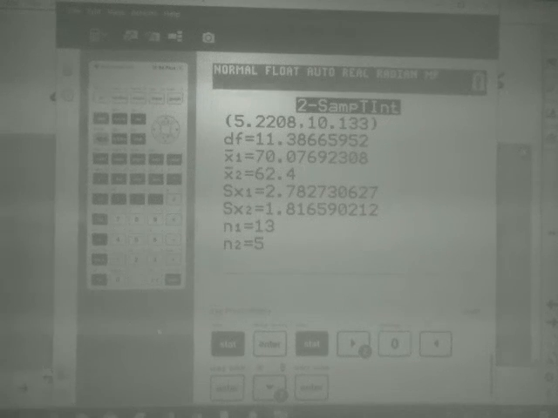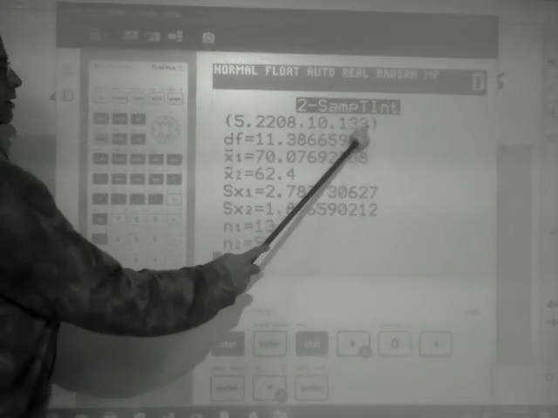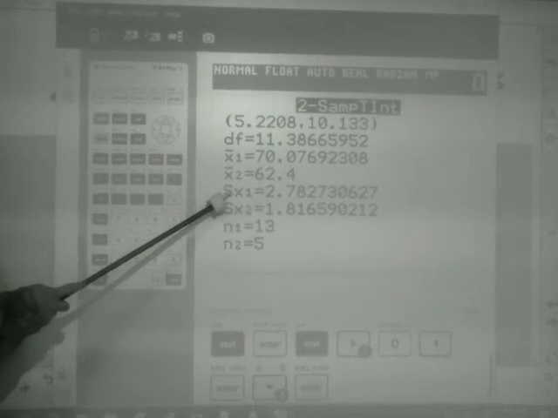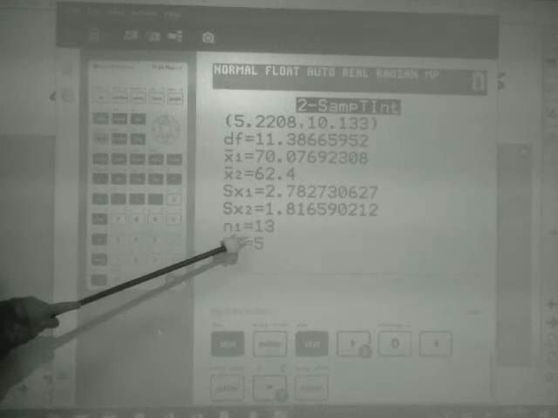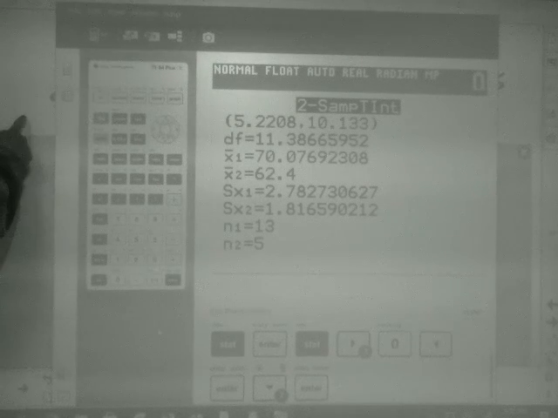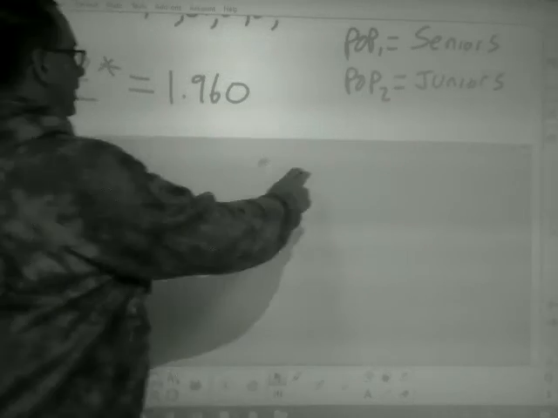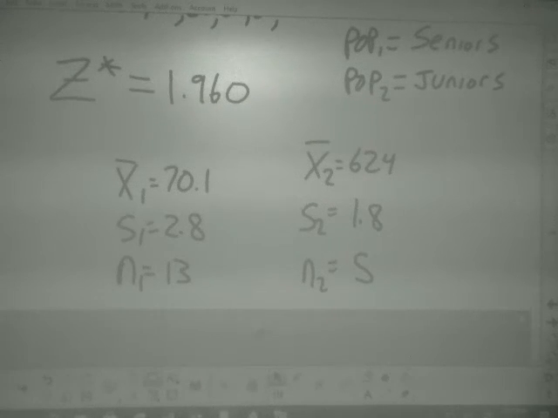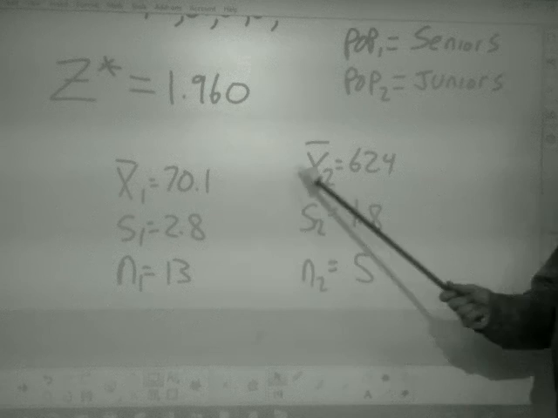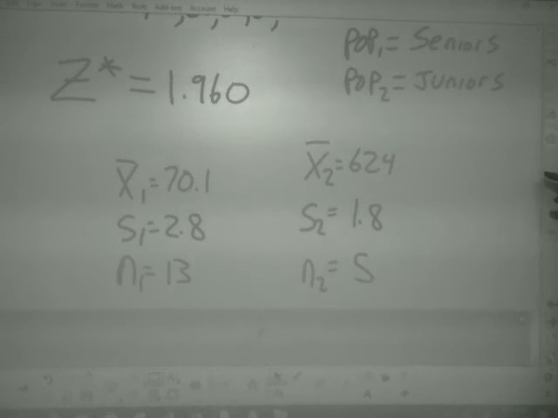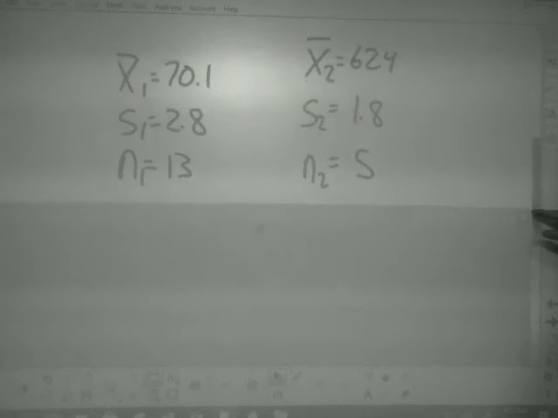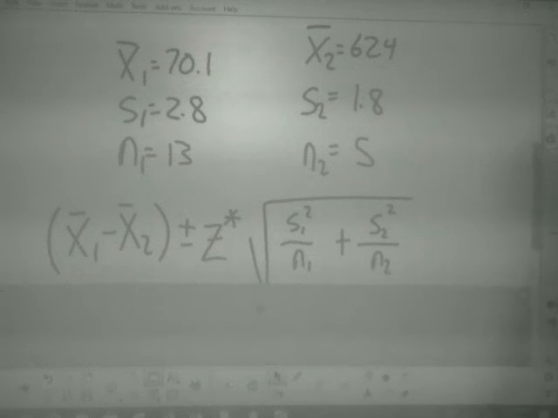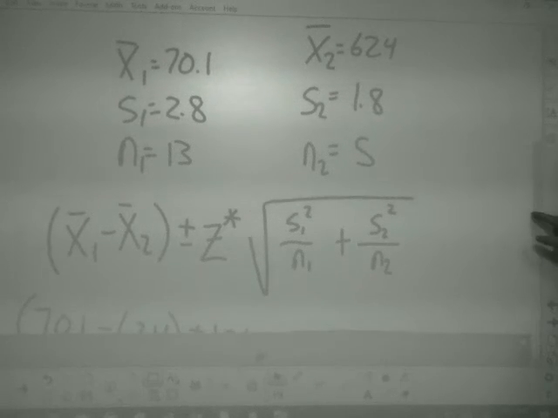So it gives me my parentheses, but it also gives me x bar 1, x bar 2, standard deviation 1, standard deviation 2, sample size 1, sample size 2. All of that information I need to identify so I can use it in the formula. So I'm just copying all this stuff off the calculator. And then there's my general formula, and I put all my numbers in.